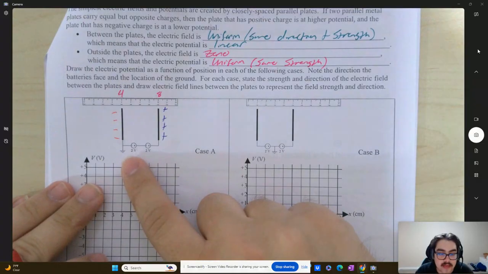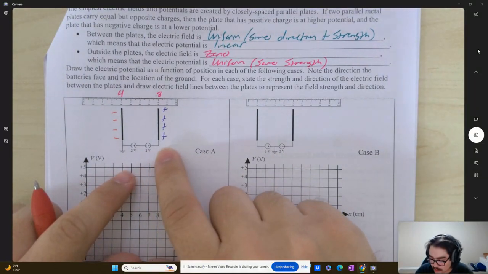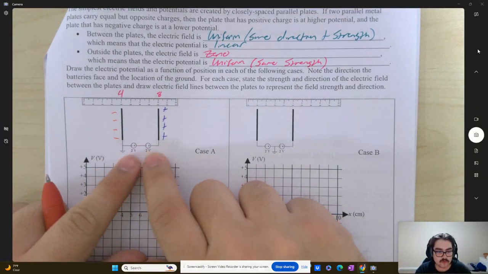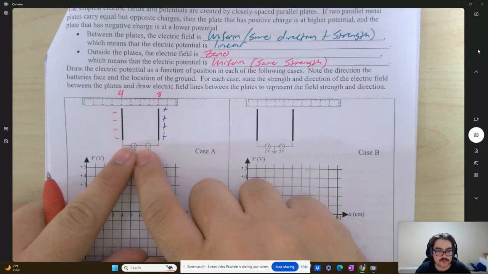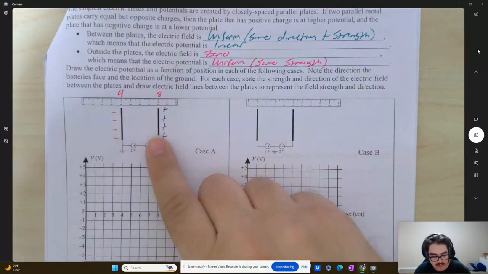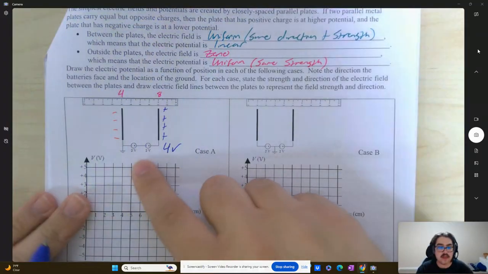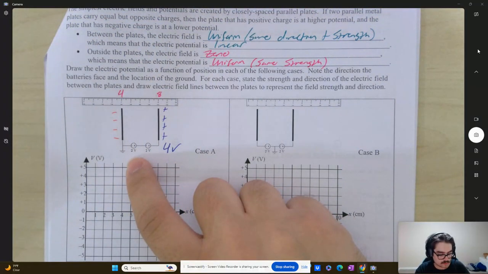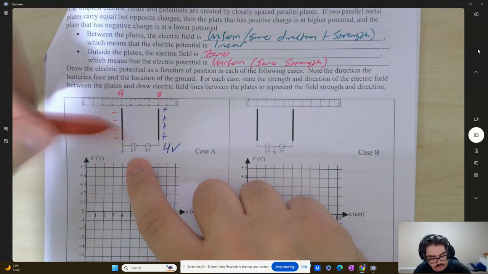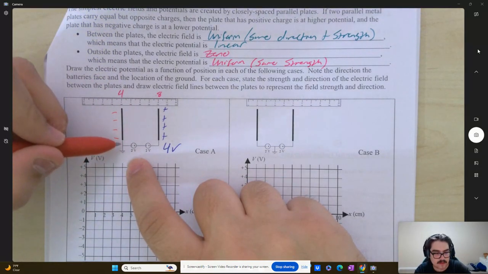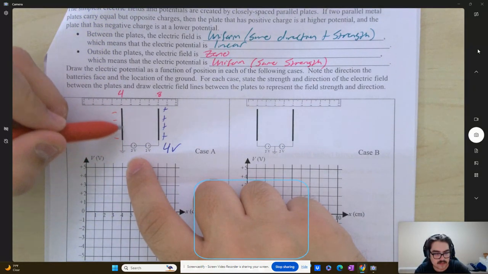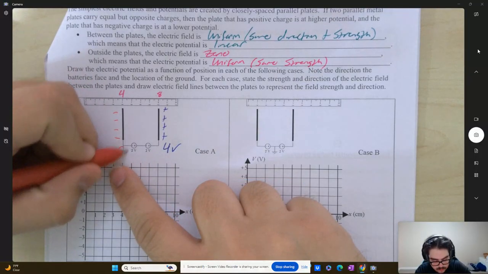Now, how much potential is on each of these plates? If you notice, there's 2 volts and 2 volts. So the 2 volts are going to combine on the positive plate and give this a potential of 4 volts. Now you might think it'd be -4 going into the other one, except that there's this thing here called a ground.